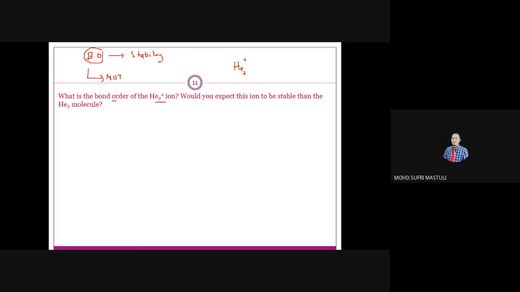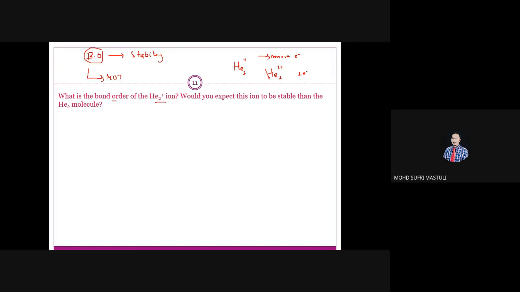Bila ada plus ni, maksudnya kita remove one electron. Kalau ini plus, one electron. Kalau kita ada He2 2 plus, maksudnya kita kena remove 2 elektron.